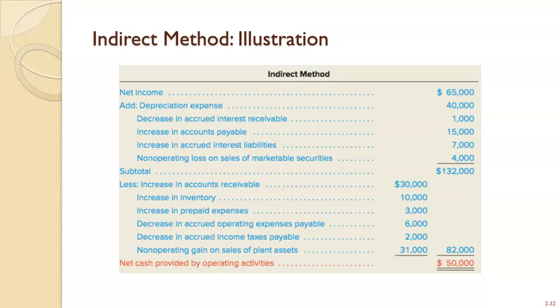What if there was an increase in interest receivable? Would it go down to the less category then? Yeah, if you look at it, there are opposites of each one. So are you talking about the increase in the accrued interest receivable? On the bottom for the less, this diagram here has that increase.